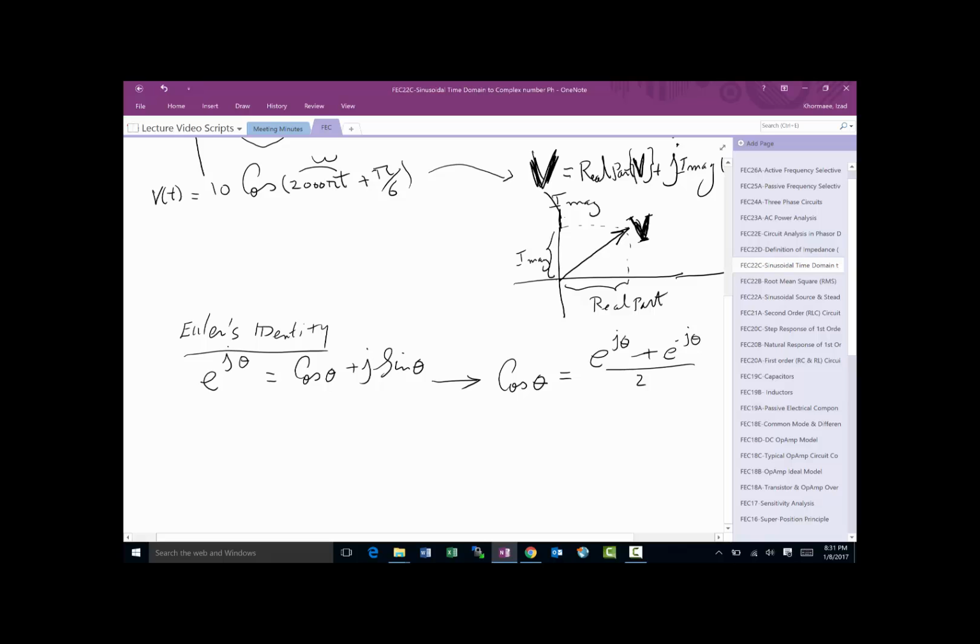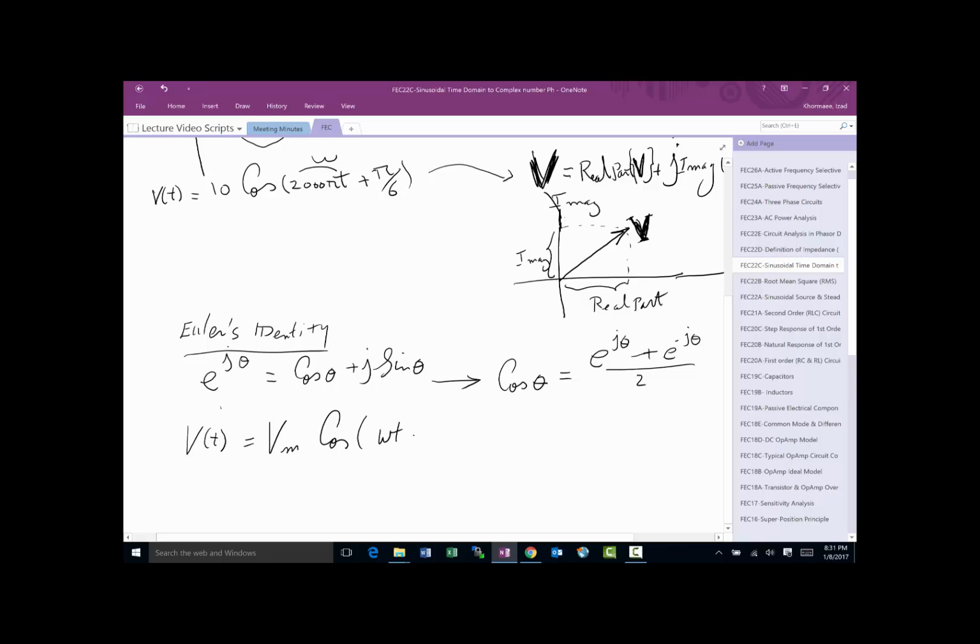Using Euler's identity, I could potentially take v of t and write v of t as Vm cosine of omega t plus theta.